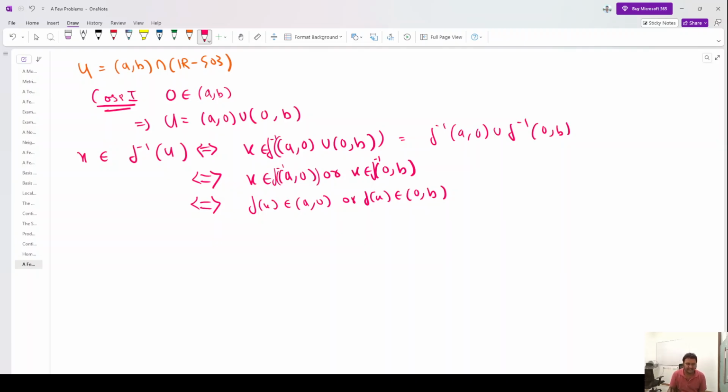And what is f(x), guys? This is just your 1 upon x. So 1 upon x belongs to (a, 0) or 1 upon x belongs to (0, b). If this is the case, what can you say about x?